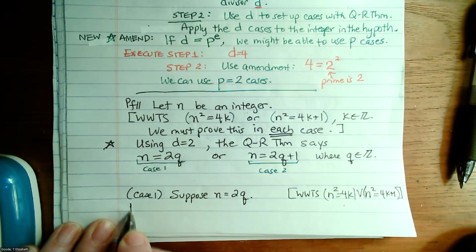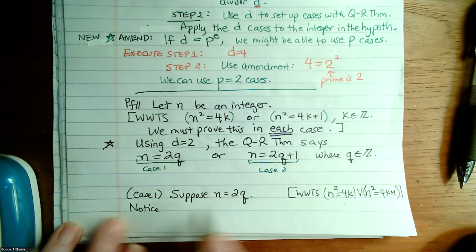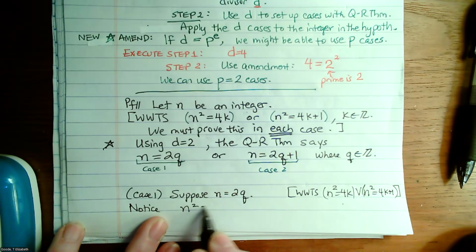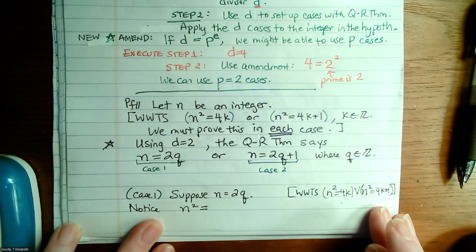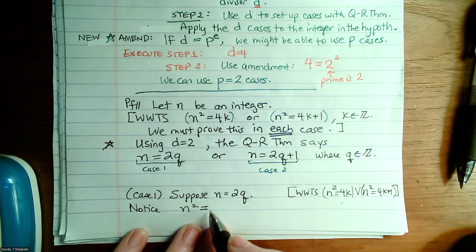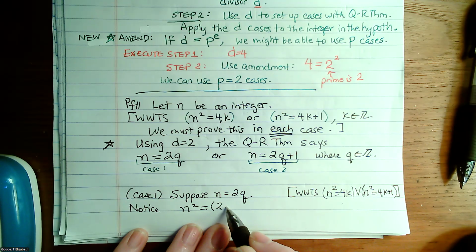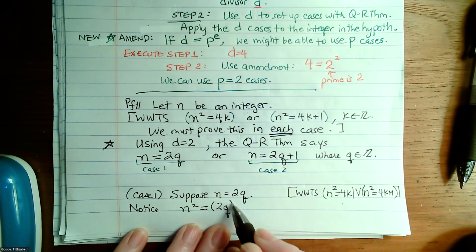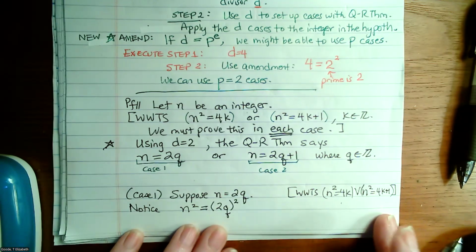So, notice we're looking at n squared. What is n squared? n squared equals 2q, quantity squared.